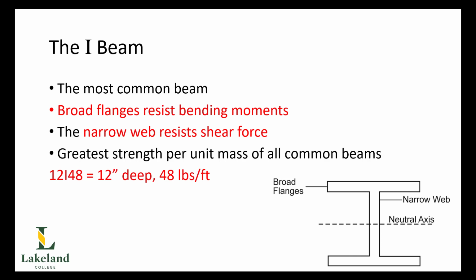Now, typically for I-beams, they're usually given in imperial measurements. However, if the beam has been manufactured in a metric country like Canada, you of course can see these using metric values as well. So it could be, for example, for 12I48, 12 centimeters deep or 48 kilos per meter, something like that.